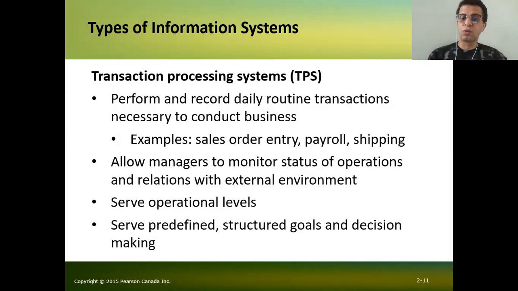These are routine work, performed and recorded routinely, and they allow managers to monitor the status of the operation. If you have an application running the production, you know how many units are at which stage of being produced. It serves the operational levels and serves predefined structure, goals, and decision making.